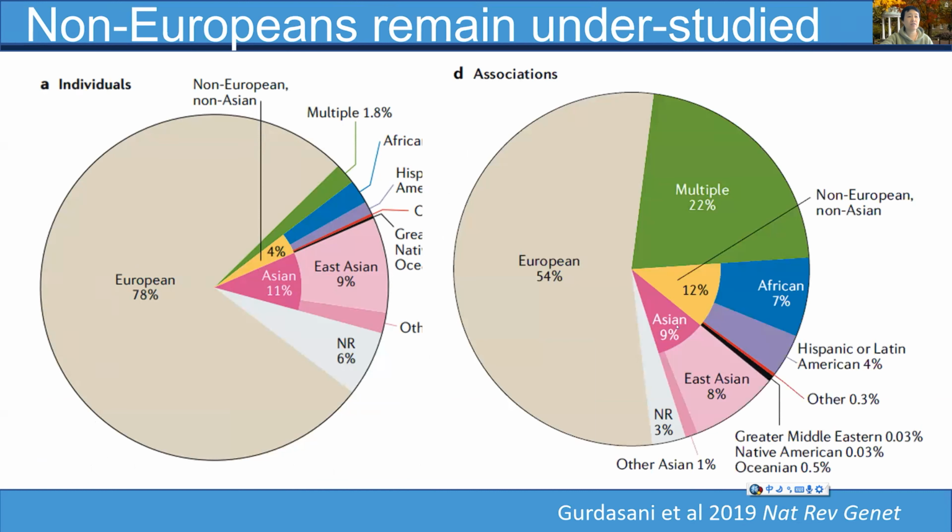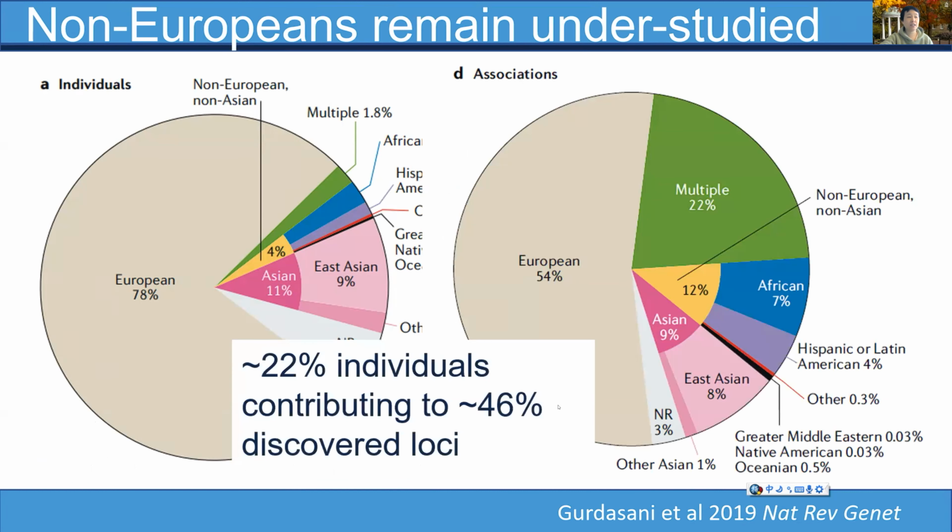Well, if you look at the findings, 46% of the GWAS loci identified are from non-European ancestry findings. So they're not only very important from a health disparity perspective, but they are actually truly powerful in our genetic mapping and genetic studies.